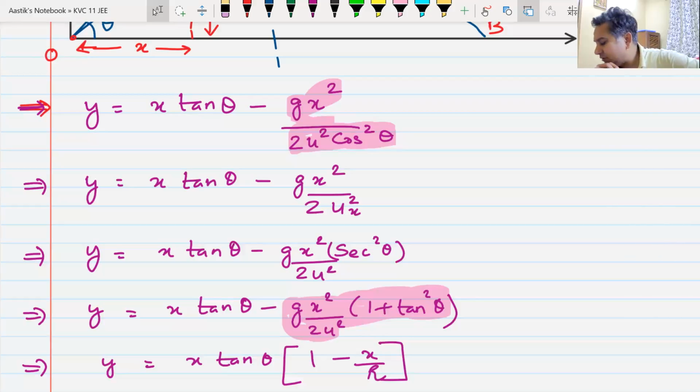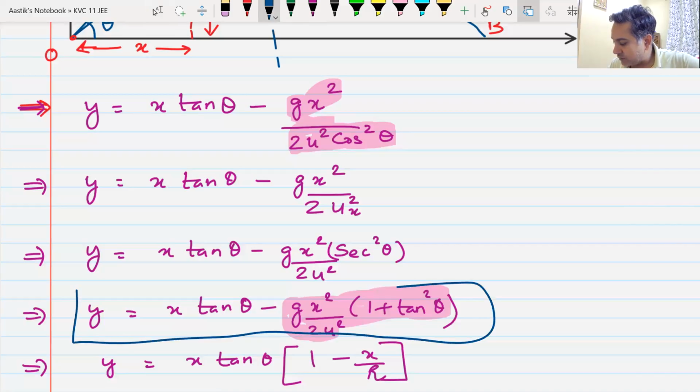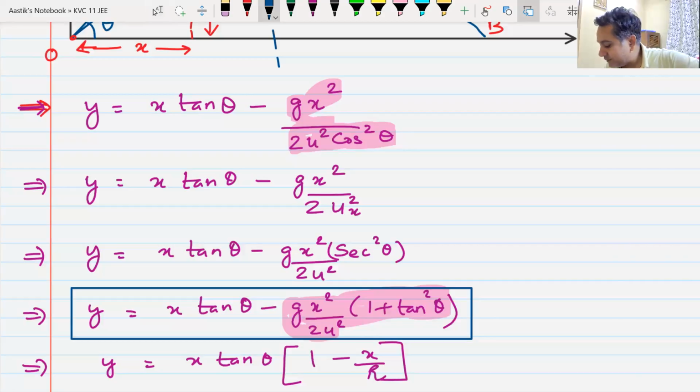There is no problem with the equation. All equations are the same, written in different forms. But if you choose the right one straight away, the answer would come quicker than the others. Which equation should you choose? The correct option is you should choose equation number 4.